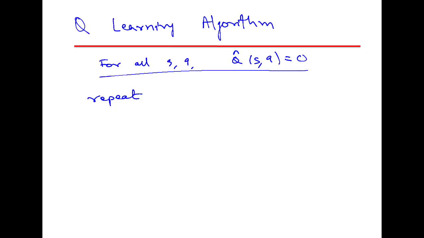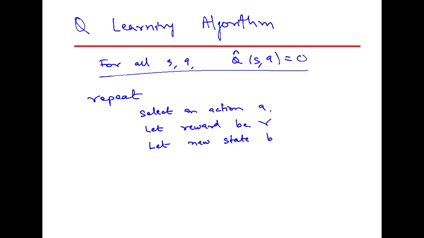select an action A. Let the reward be R. I get a reward R. Let the new state be S prime. Then what do I do?